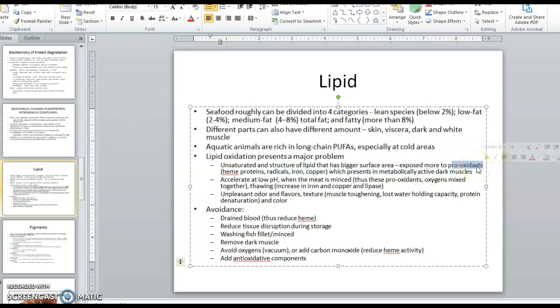A pro-oxidant is something that is opposite of antioxidants, meaning that they can oxidize the compound that they come in contact with.